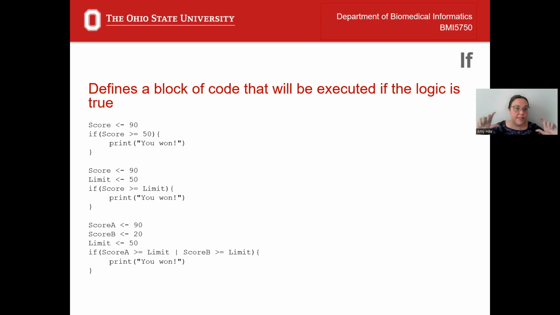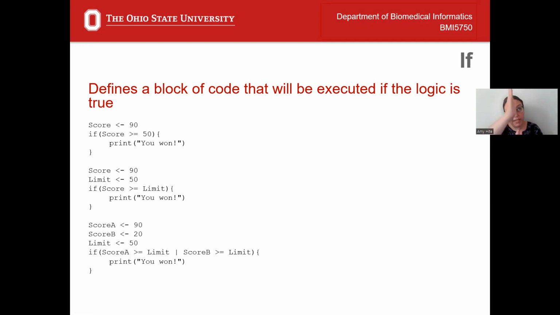So if asks, is this logic statement true? And if it's true, we're going to do something. It can be more complicated than that. So in our second if statement, we have 2 values. And we're asking if score is greater than or equal to limit, then we're going to do the thing. And then in our third example, we have two different logic statements divided by an or.